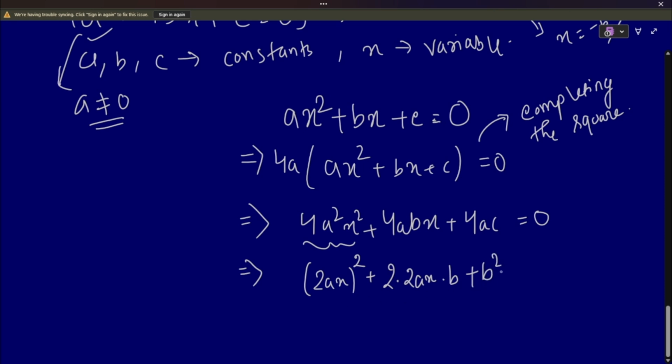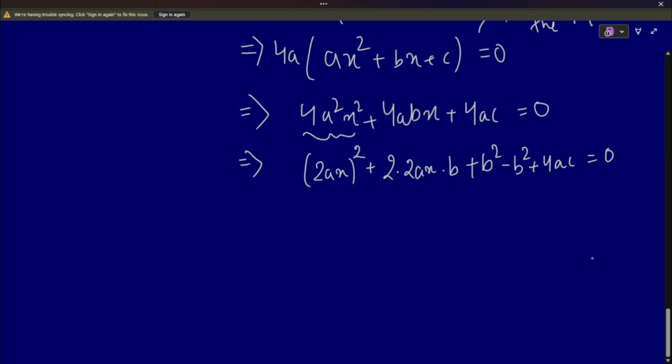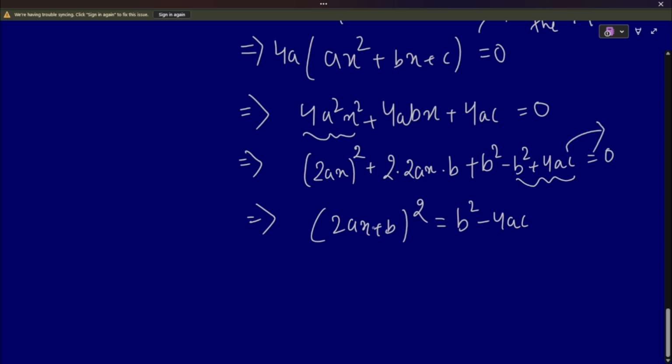But there is no b squared, which is why we also subtract it and write the remaining terms as they are. Now, send this part to the other side of the equation and combine the first three terms using the a plus b whole squared formula, and you get 2ax plus b whole squared is equal to b squared minus 4ac. As I said, transfer this to the right-hand side of the equation.